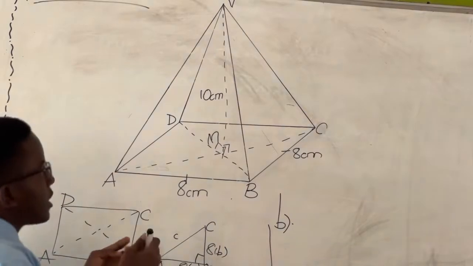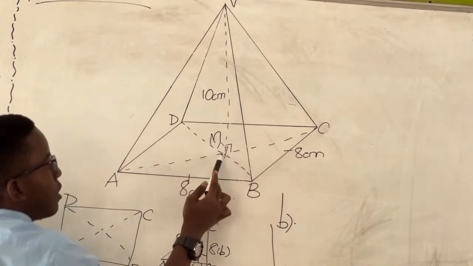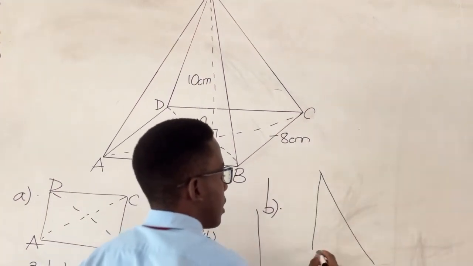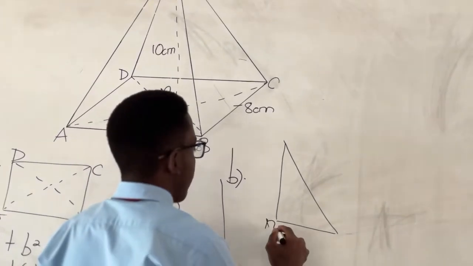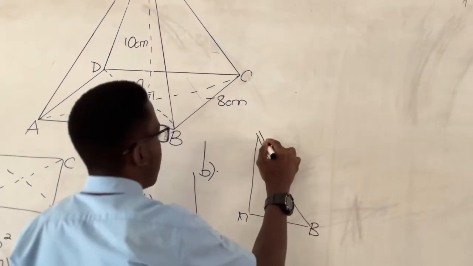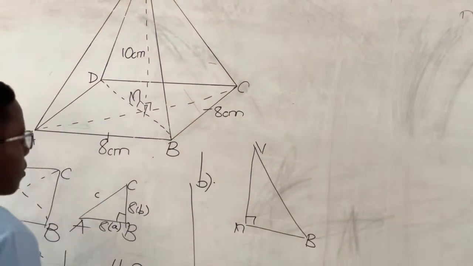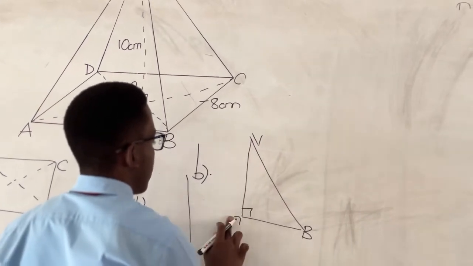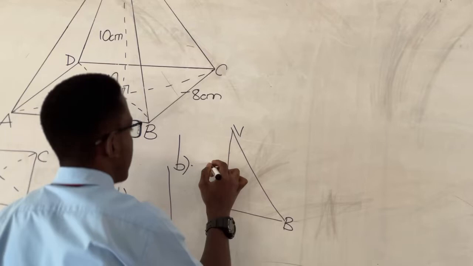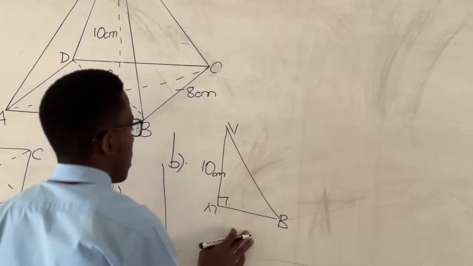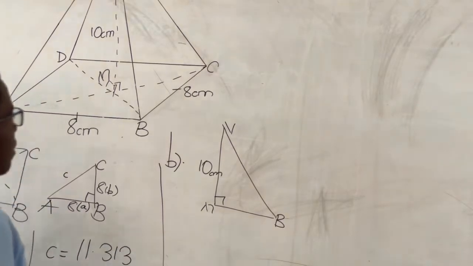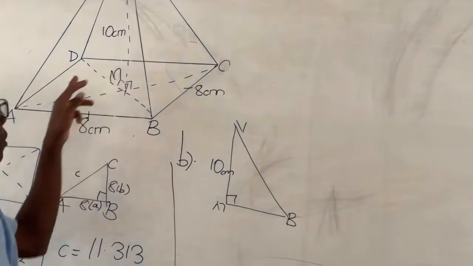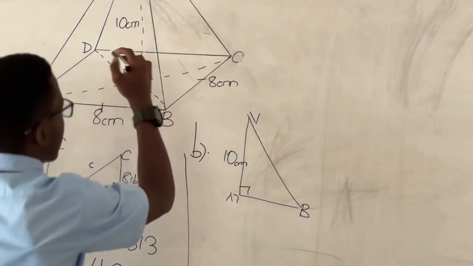But now if you can see inside, there is a right angle triangle. Let me draw it for you. The right angle triangle is like this, where we have M, B, and V. This is the right angle. We have VM, which is 10 centimeters. Then do we have MB? How do we find MB? Let's first find MB from DB.